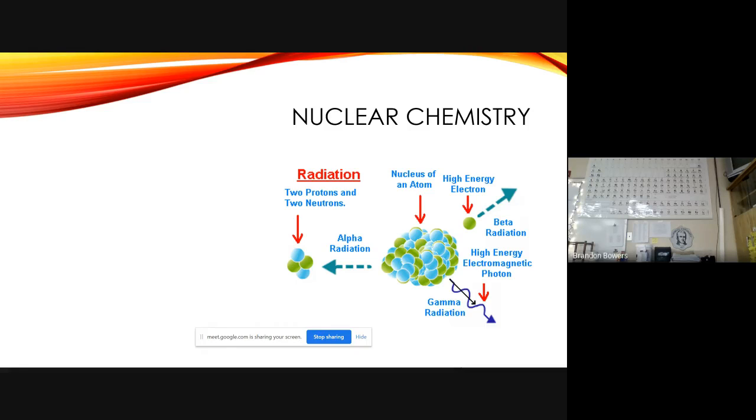Now, two of those are located in the nucleus. Which ones? Those two. Very good. When we're talking about nuclear chemistry, all we're focused on is the nucleus. Everything in this chapter is focused on the nucleus.